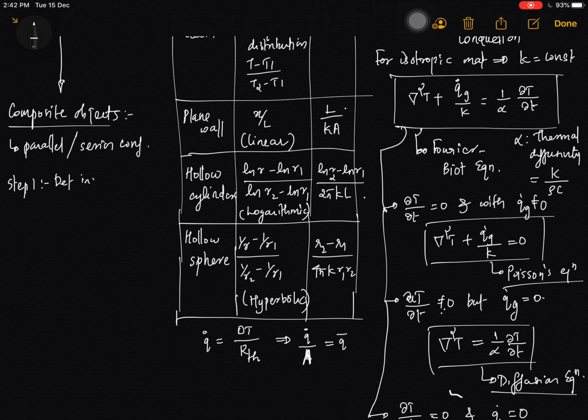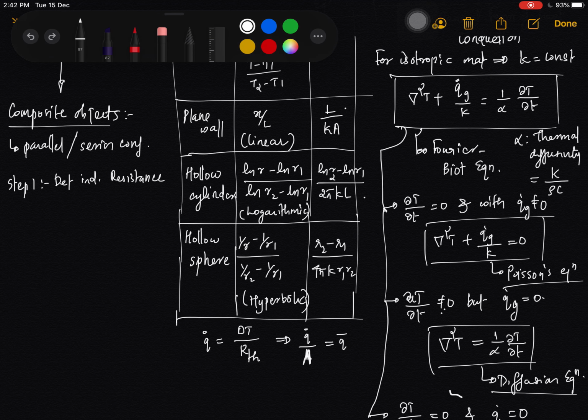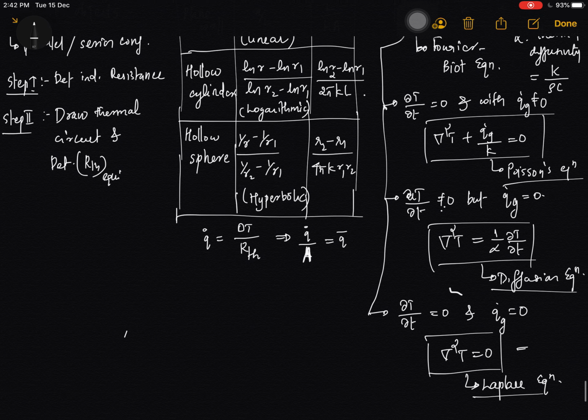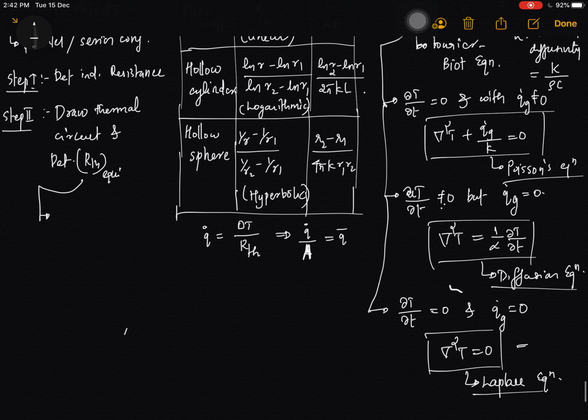The steps are: step 1, determine individual resistances, that is, determine the resistance of each and every element. Step 2, draw the thermal circuit and determine the equivalent thermal resistance.